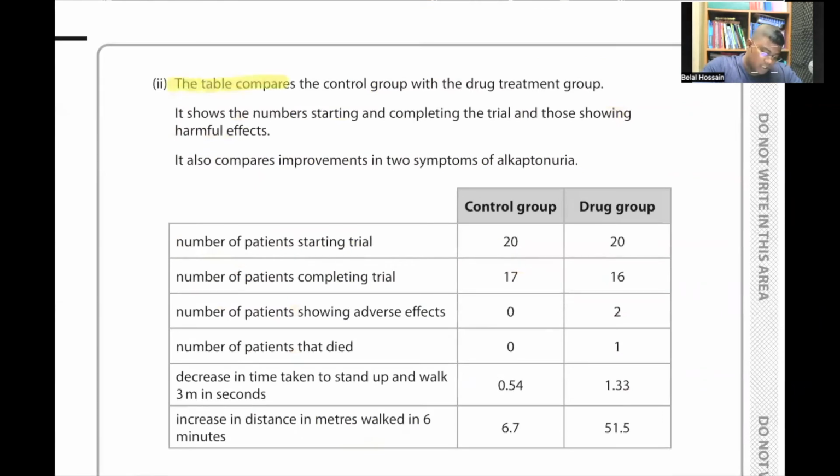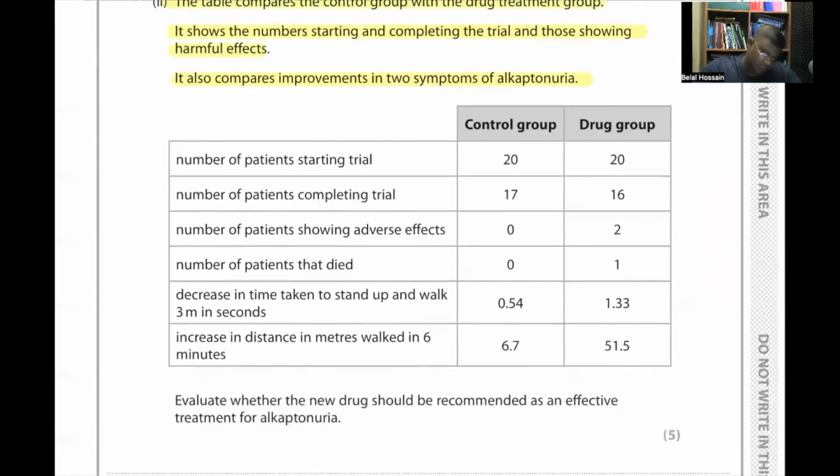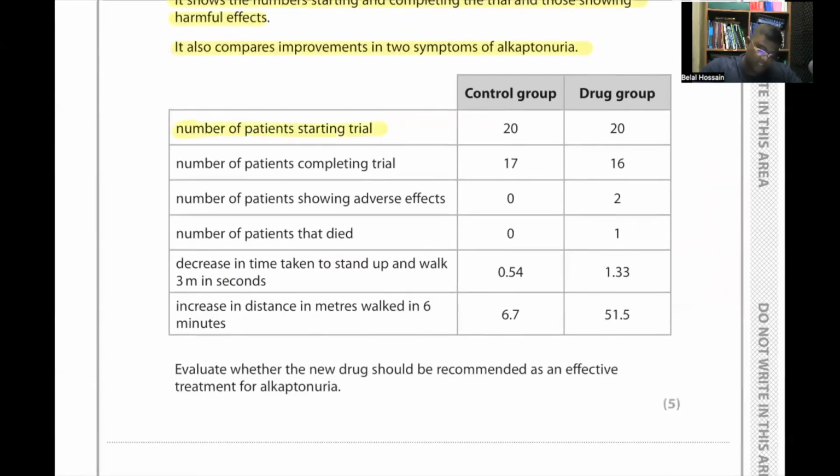Part 2. The table compares the control group with the drug treatment group. It shows the numbers starting and completing the trial and those showing harmful effects. It also compares the improvements in two symptoms of alkaptonuria. Number of patients starting the trial: control group 20, drug group 20. Number of patients completing the trial: 17 and then 16. Number of patients showing adverse effect: 0 in the control group and 2 in the drug group.